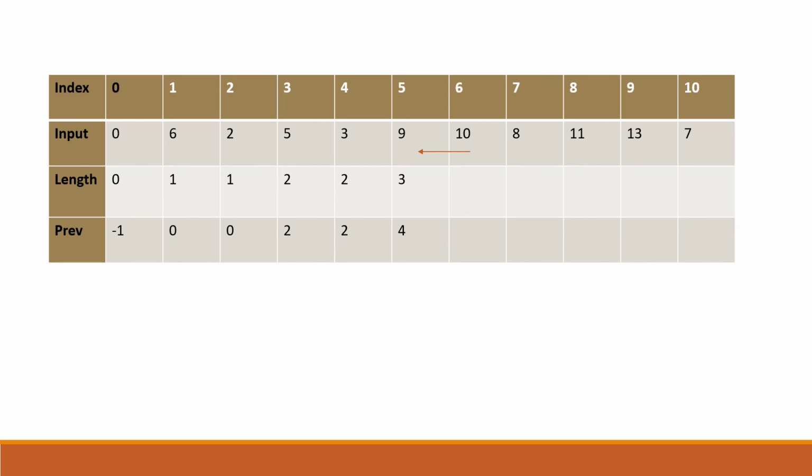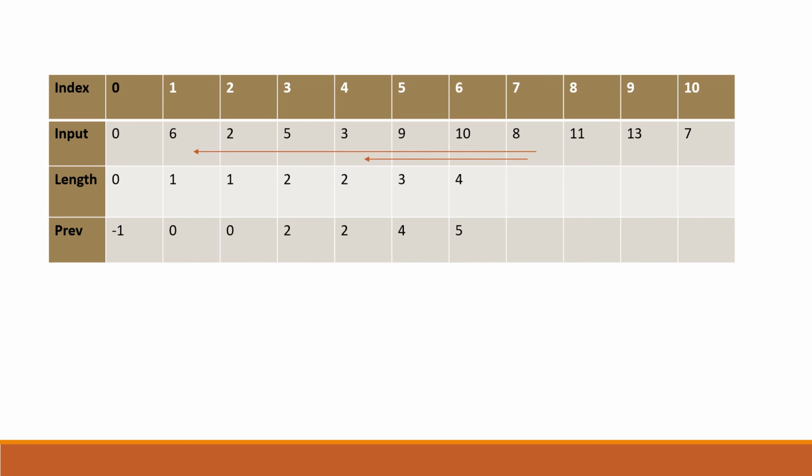Now the next number is 10, and it belongs to index number 6. The closest smaller number to 10 is 9, and 9 already has the biggest length. So we're going to take the length of 9 and just add 1 to it.